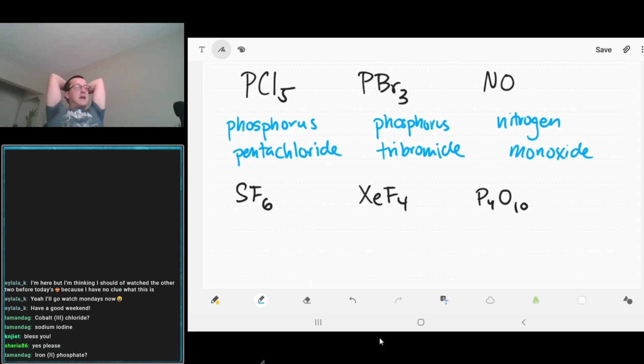So why don't you guys do the next three, keeping these in mind. Just so you know, 6 is hexa, and 4 is tetra, and 10 is deca. And go ahead and write them in as soon as you've got one of the names.